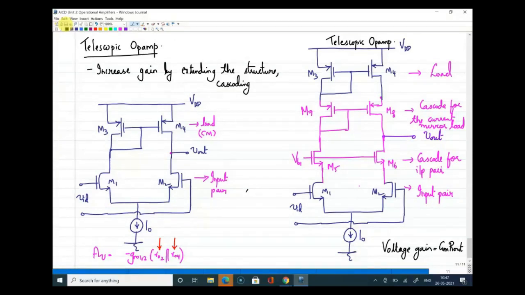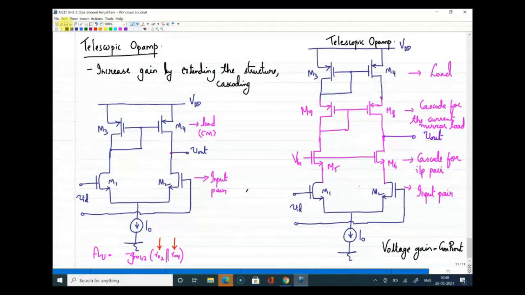Anirudh, can you tell me what we did with this telescopic op-amp, or what is your understanding of it? Sir, I just came now, I got disconnected. Oh, is it? You were not there from the beginning of the class? No, sir, 5 to 6 minutes I got disconnected.